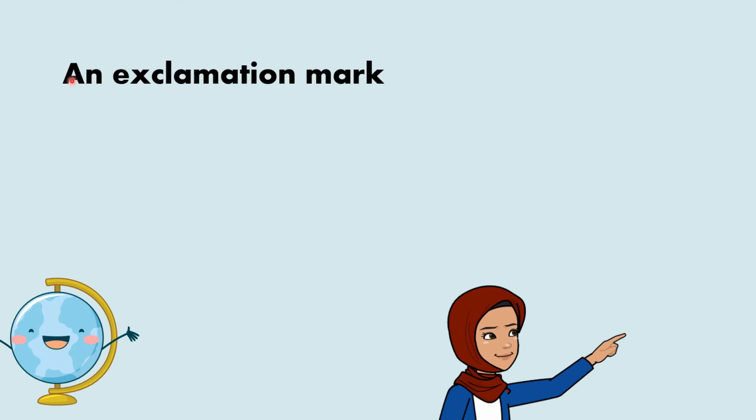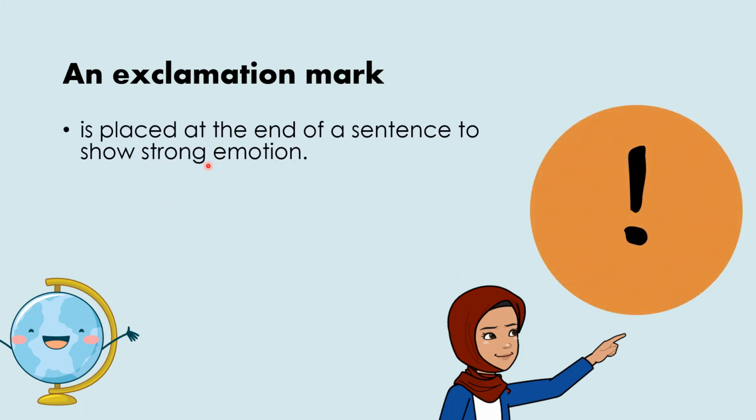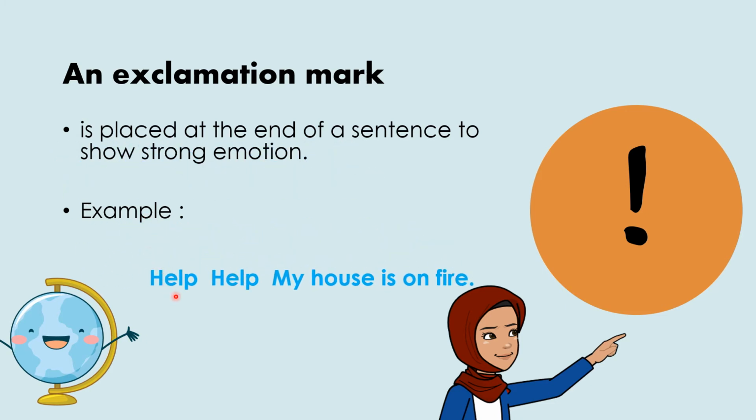Next, an exclamation mark. When we use an exclamation mark? It is placed at the end of a sentence to show strong emotion. For example, Help!